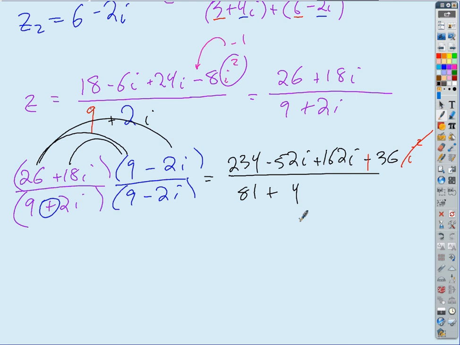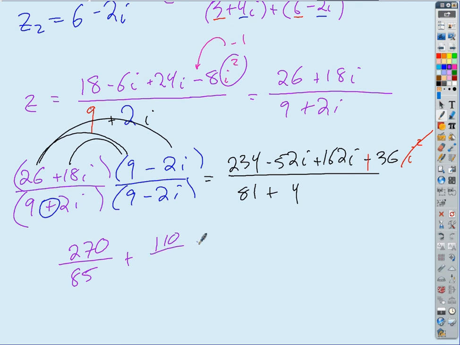And now we can simplify this. If we combine like terms, 234 plus 36 is 270. So I'm getting 270 over 85, plus, what's the imaginary part going to be? I've got a negative 52i plus 162i, so that's 110i. You agree?